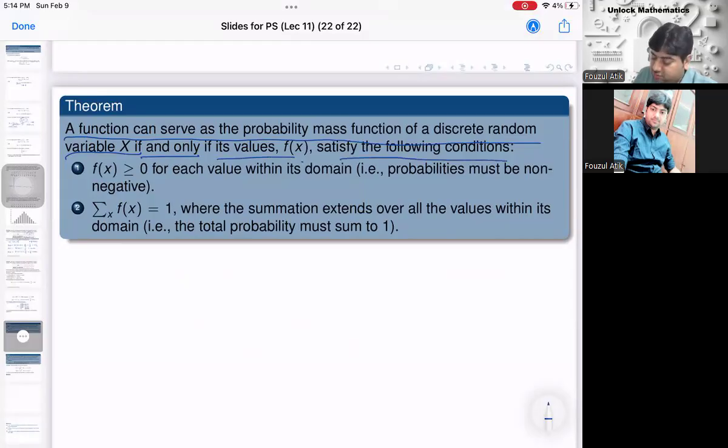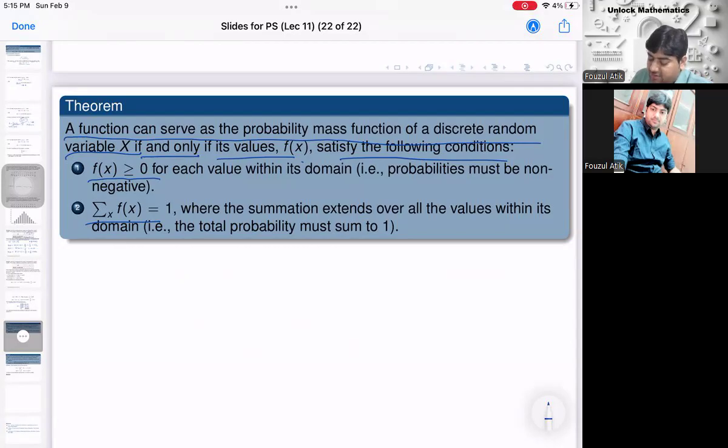You have two conditions. One is f(x) should be greater than or equal to 0, because you have seen that the probability mass function's range is 0 to 1. It is a probability, so it should be some non-negative quantity. It should be within 1 also, but that part is covered by the second property. So f(x) should always be non-negative within its domain.